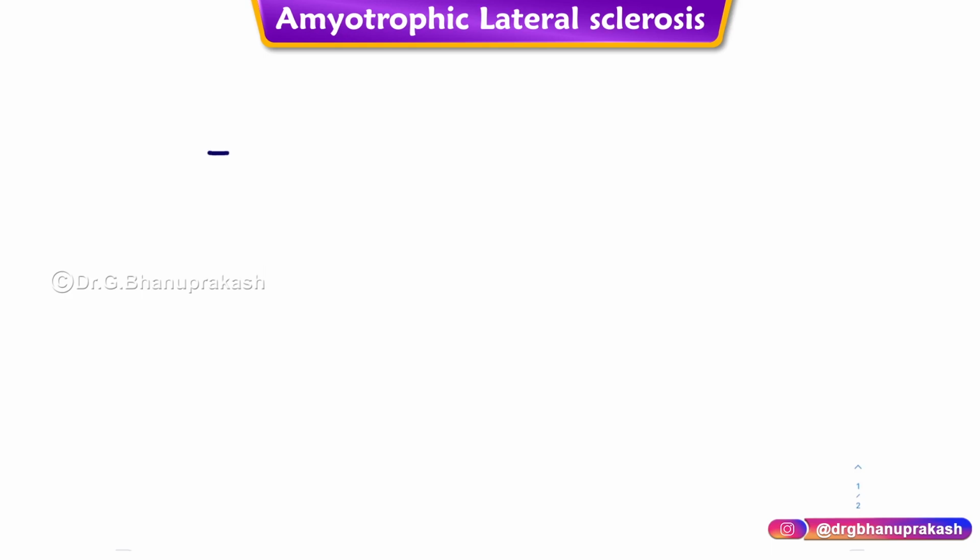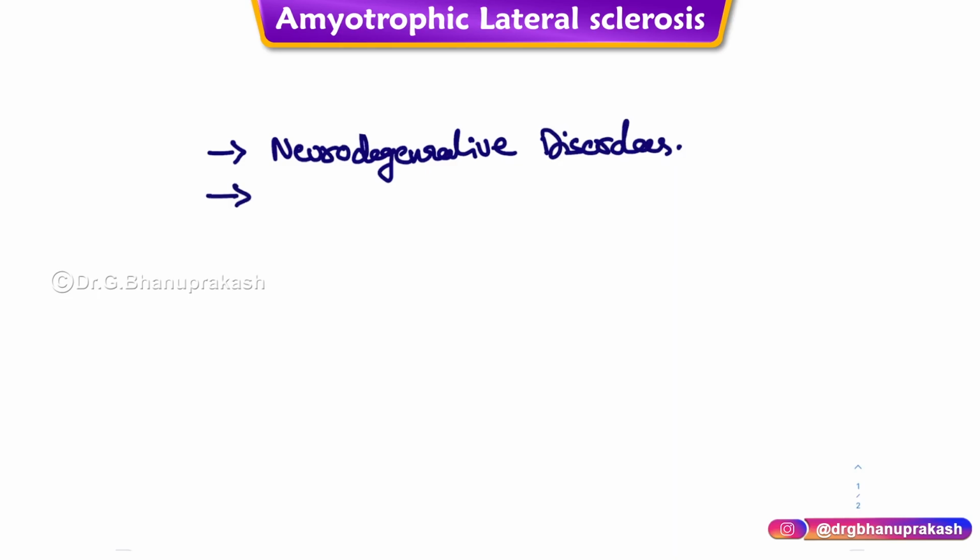One point we need to remember is that amyotrophic lateral sclerosis is one of the worst devastating neurodegenerative disorders. It is categorized under neurodegenerative disorders.